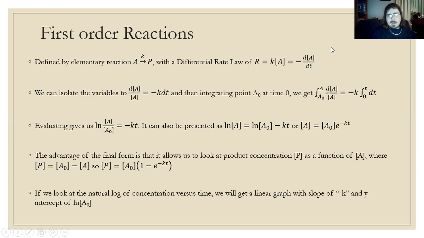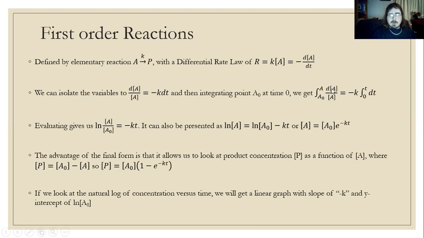So we divide both sides by A to get dA over A, and we multiply both sides by dt to get negative k dt. Now we're going to integrate from time 0 to some time we'll call t, and from some concentration A sub 0 to some concentration A at time t.